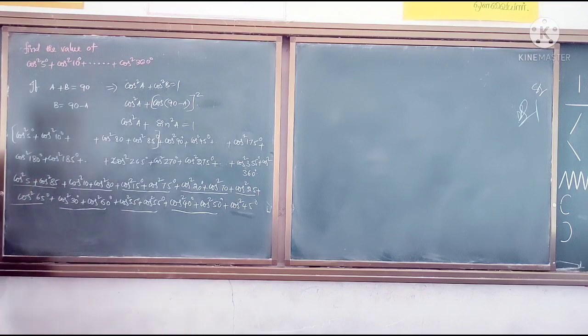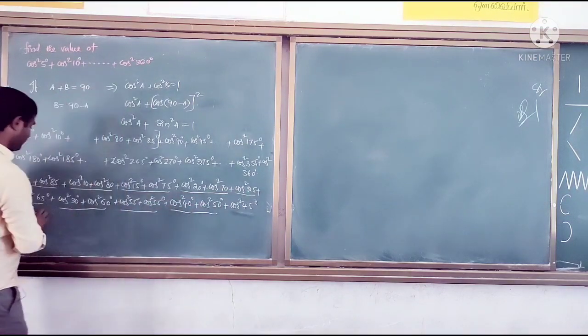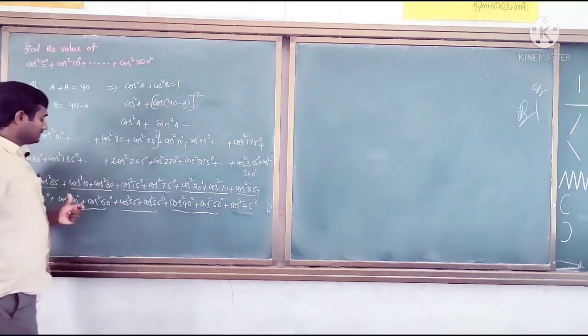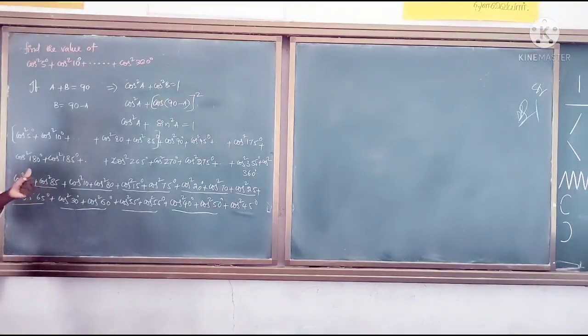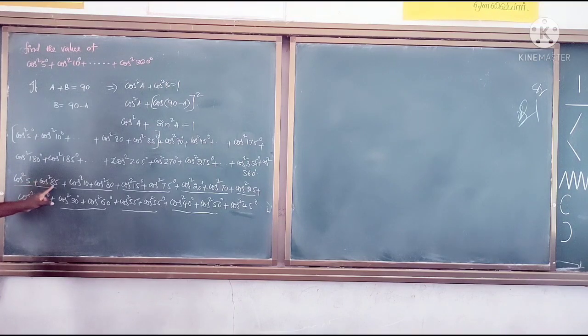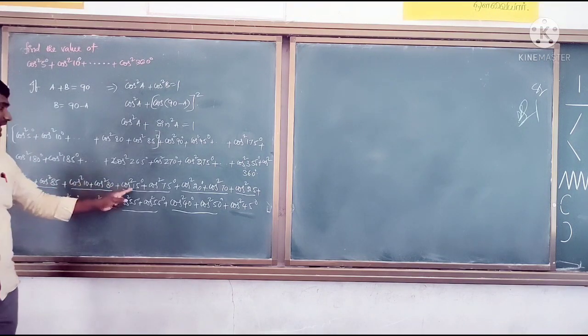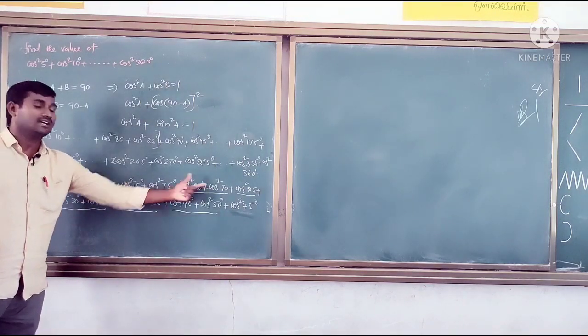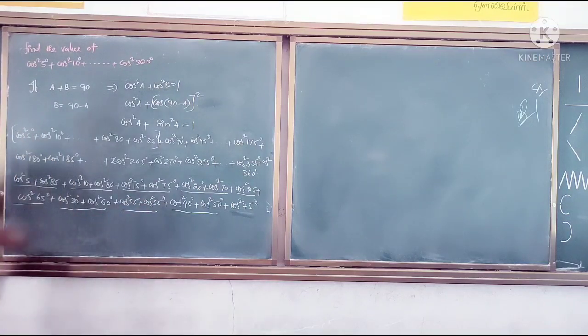How many pairs do we get? 8 pairs: 1, 2, 3, 4, 5, 6, 7, 8. Each pair gives 1, since cos square A plus cos square B equals 1 if A plus B equals 90. 5 plus 85 is 90, 10 plus 80 is 90, 15 plus 75 is 90, and all of them give 90, so each value is 1.